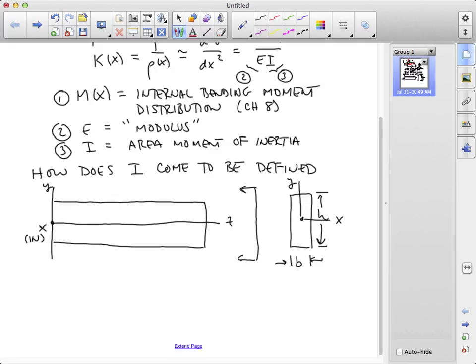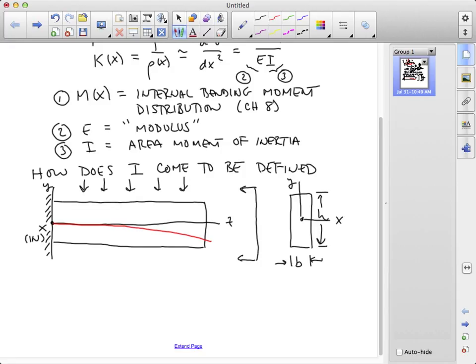Now I've got what appears to be a built-in beam here. Let's represent that this way. And I'm going to suppose that I've got some loads that are applied to this. Maybe it's just the weight of the beam itself. And what will happen under these conditions is that the beam will deflect down this way.